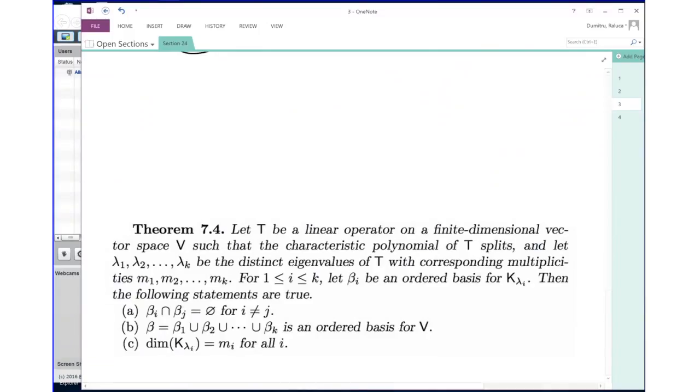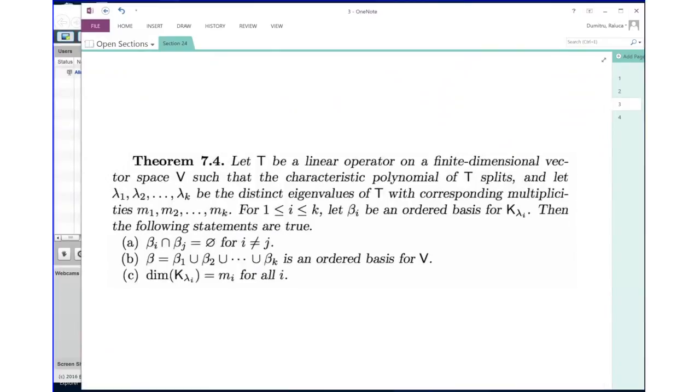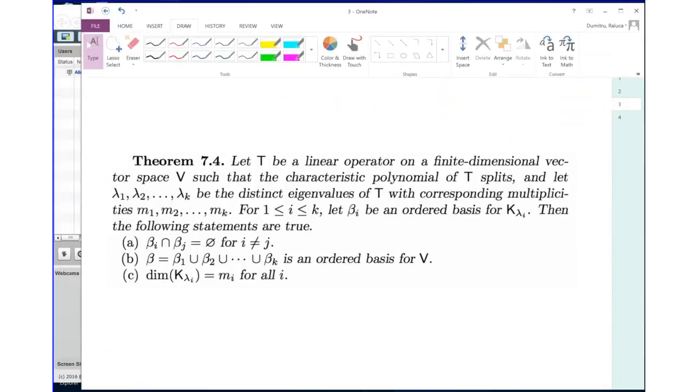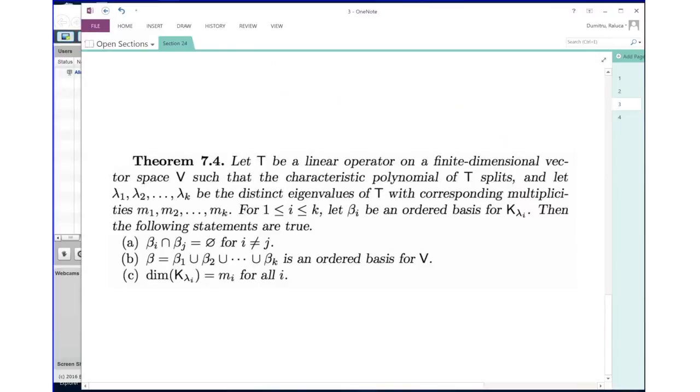So, the next result tells you exactly what I was saying before: if the characteristic polynomial of T splits, and lambda 1 through lambda k are the distinct eigenvalues of T with multiplicities m1 through mk, and if beta i is an ordered basis for the generalized eigenspace K lambda i, then any two such bases are disjoint.